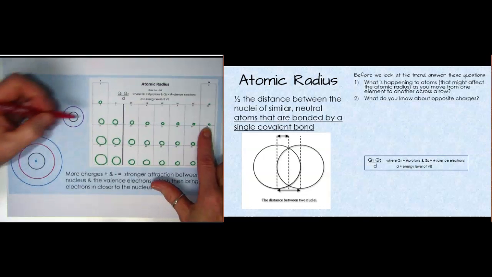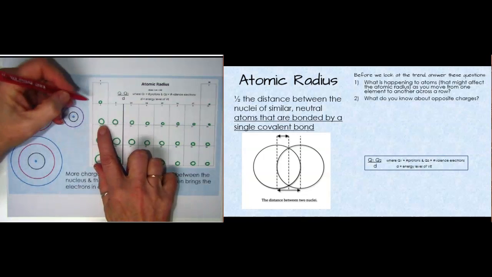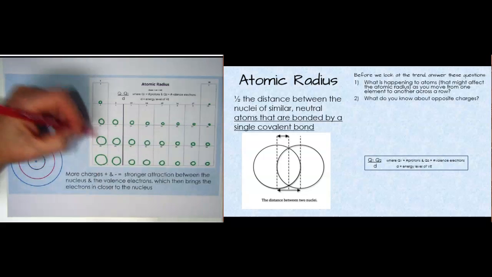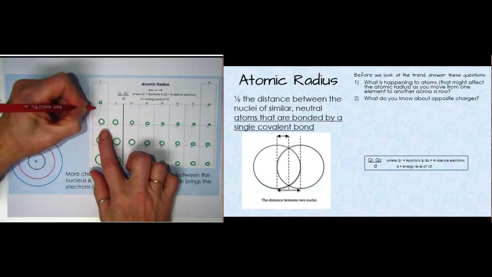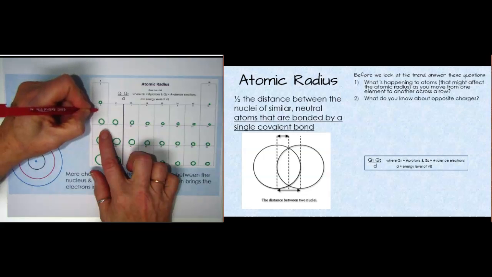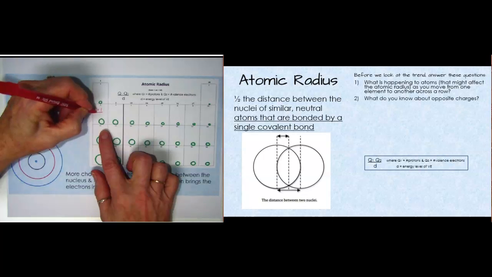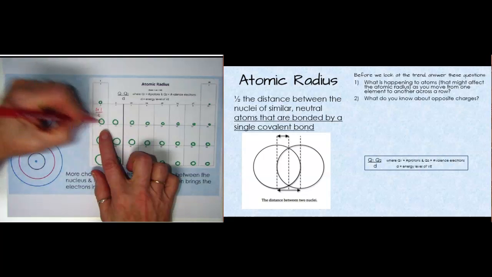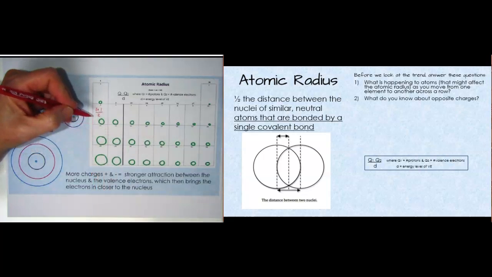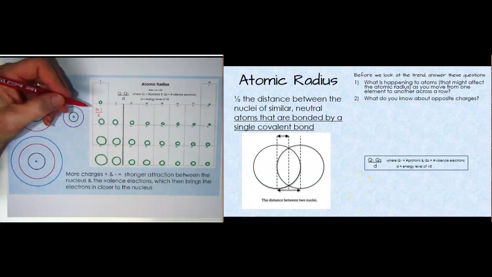Lithium has 3 protons and 1 valence electron, and we know it's on the second energy level.